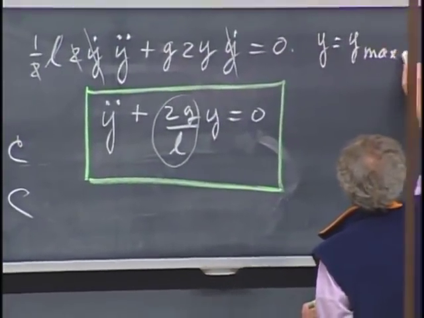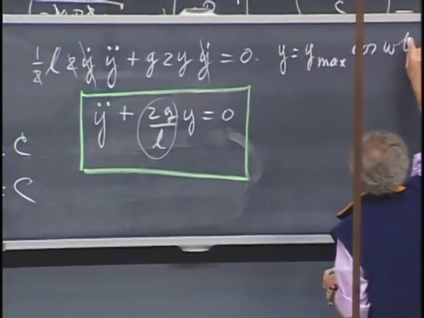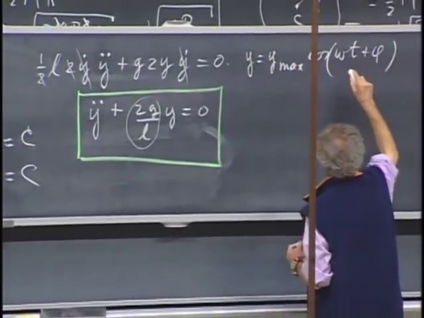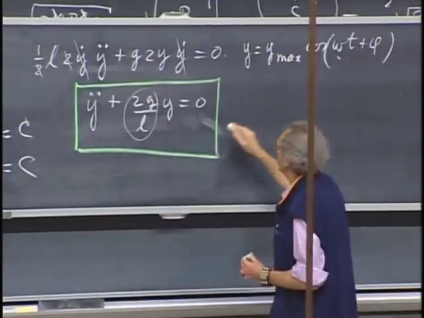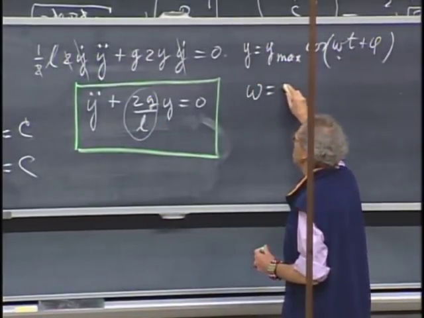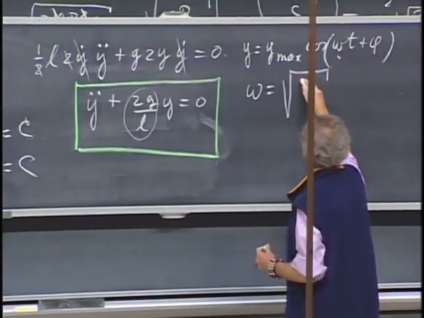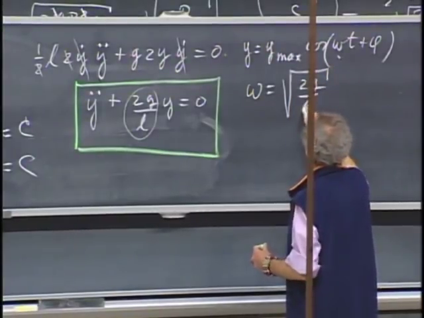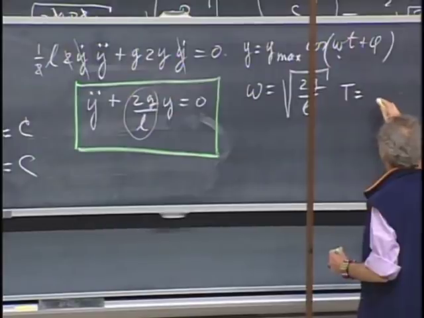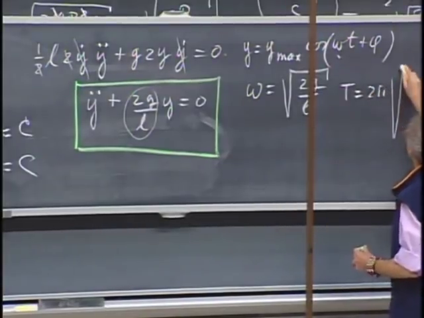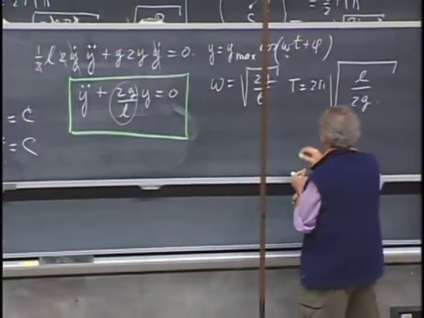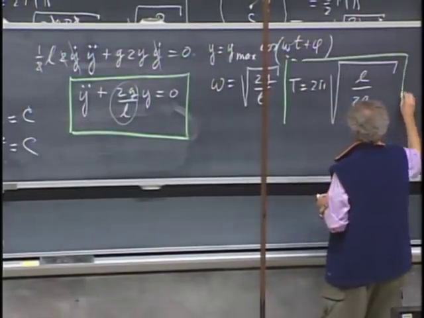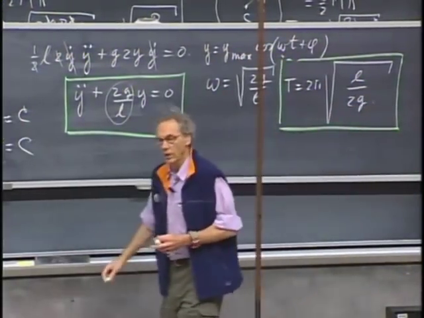Y equals Y max times the cosine of omega t plus phi, and this is the angular frequency, which is directly related to the period. Omega, angular frequency, equals the square root of 2G over L, and so the period will be 2 pi times the square root of L over 2G. So this is the period for an oscillating liquid.